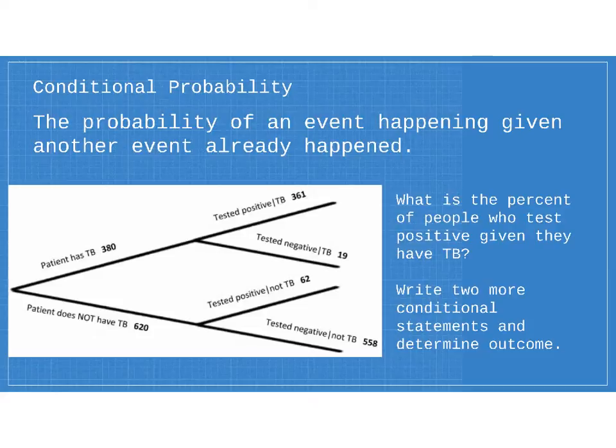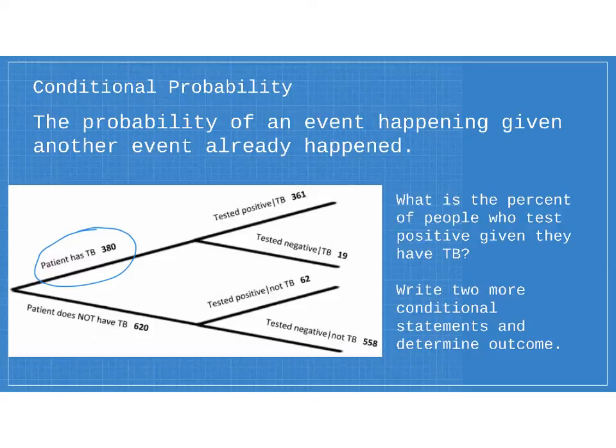So the condition is they have TB. So we're looking at that group there. So the bottom half of that tree diagram we don't even pay attention to. We're just paying attention to the top part, the one that comes off of they have TB, because we already said that's what we're worried about.